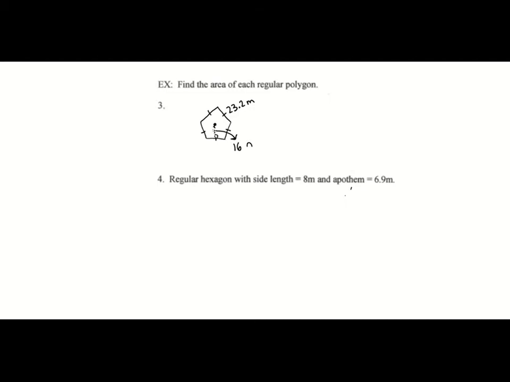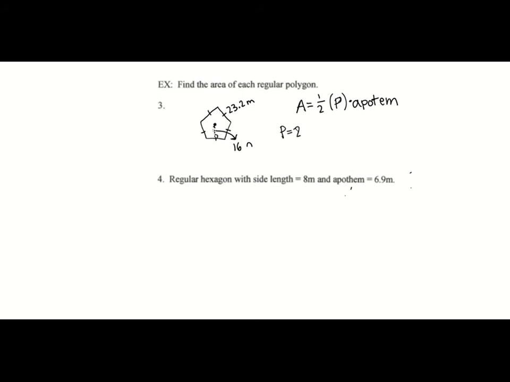Okay, so our formula for this polygon. This is all given information on our sides right now, so now I'm using that given information and I'm going to plug it into our equation. So we have 1/2 the perimeter times the apothem. First thing I need to do is find the perimeter. If I add up all these sides, I'm going to have 5 of those 23.2 meter sides.